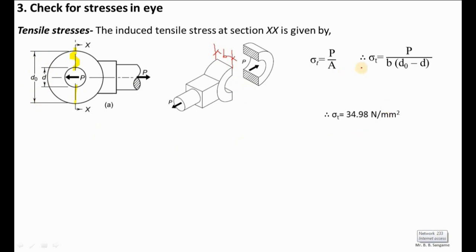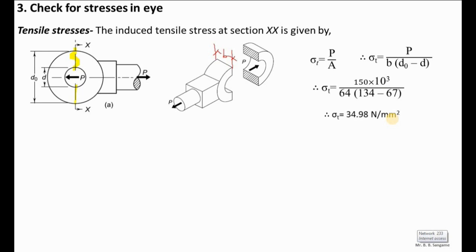So the area under tension will be B into D0 minus d. When you put the values of B, D0, d and P in the equation, as per the calculation I found that the induced tensile stress is 34.98 Newton per mm square.